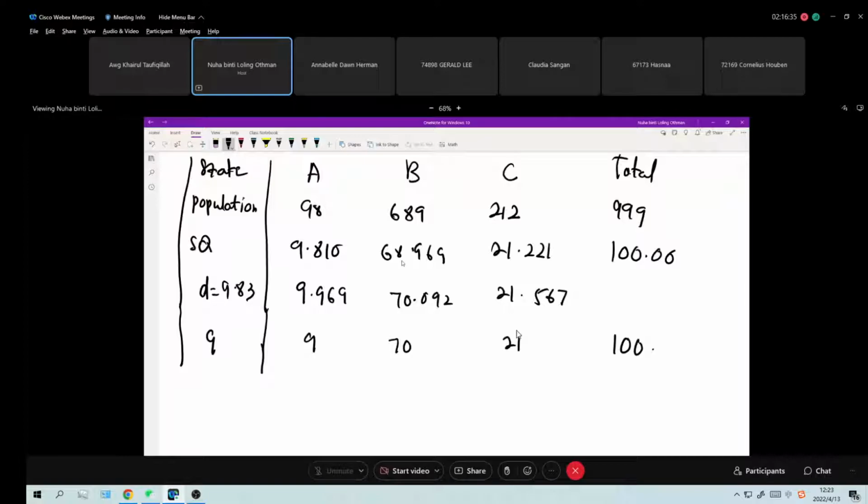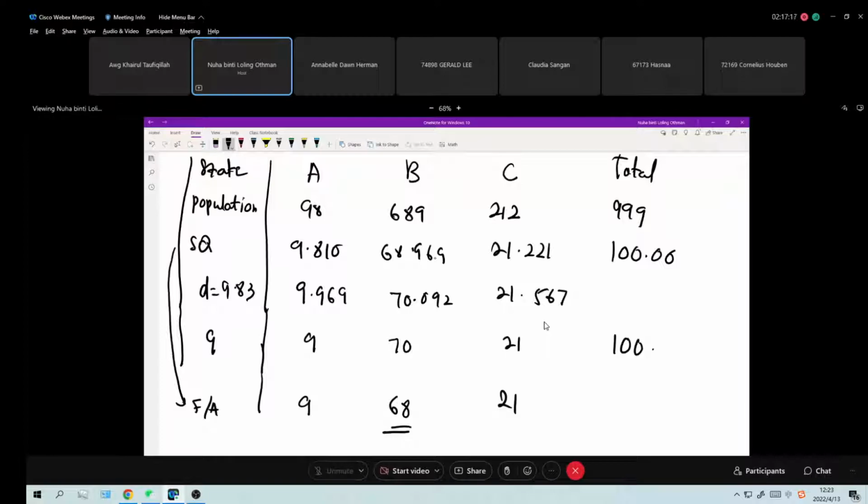Using the standard quota, the final allocation here should be 9, 68, 21. But it should get its lower quota, 68, or its upper quota, 69.